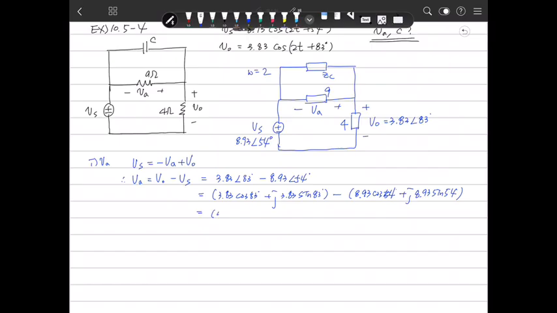So that will be 0.467 plus j3.8 minus 5.25 plus j7.22. You need a calculator. So there will be minus 4.78 minus j3.42.